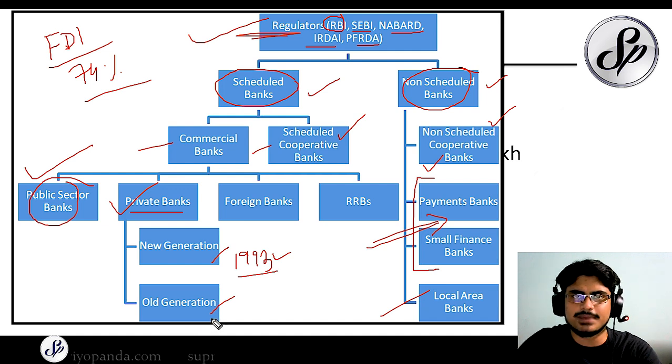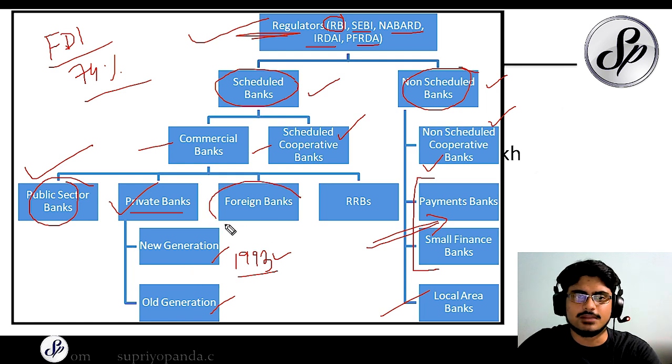And the old generation banks, we already have banks like the Karnataka Bank, the Federal Bank, and all the different banks that had their inception before the 90s. So they were the old generation private sector banks. And remember, we have talked about nationalization already. Those banks were not nationalized. So that's the difference between new generation and old generation.